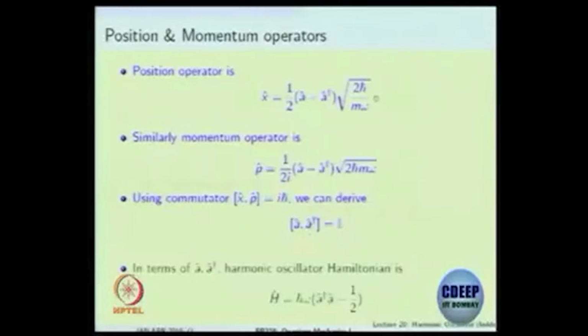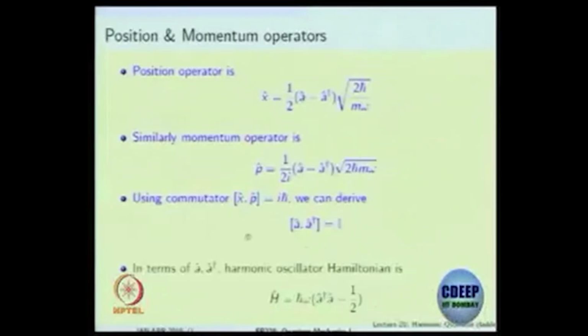Okay. So now the next exercise for you. You had the Hamiltonian, which is p squared over 2m plus half m omega squared x squared. Replace x squared by the square of this. Replace p squared by the square of this. And A A dagger is not the same as A dagger A. Why?